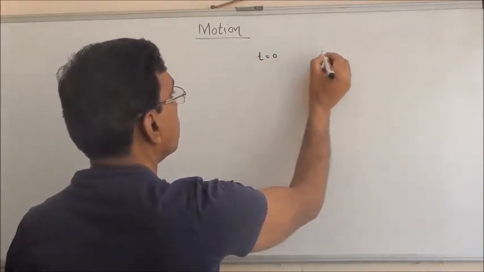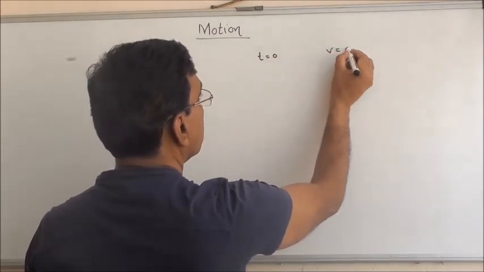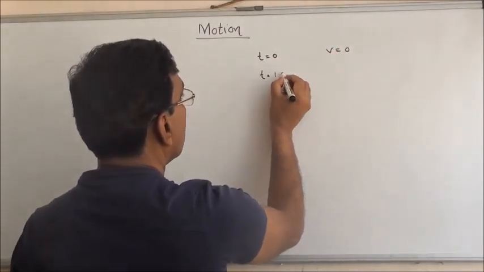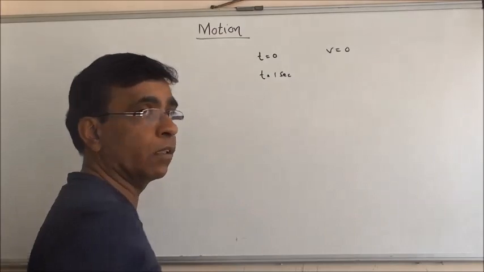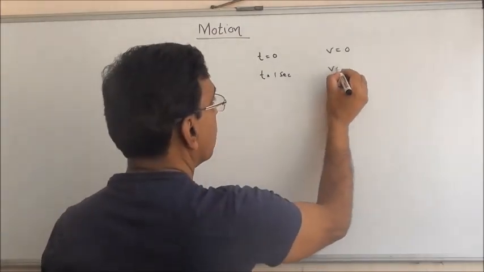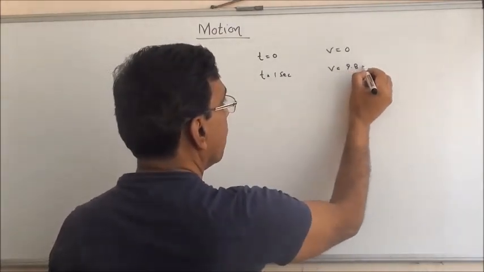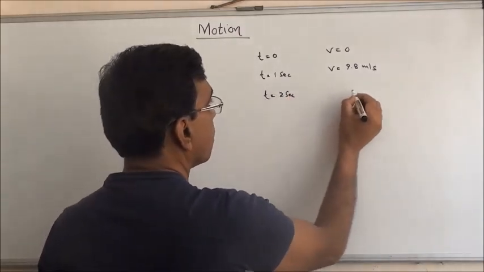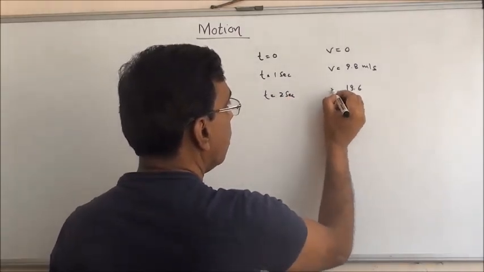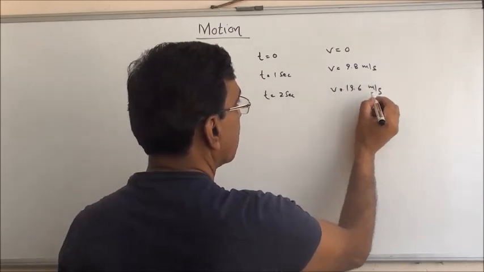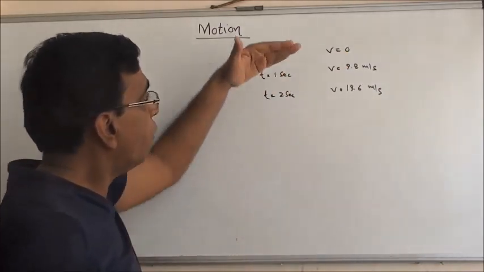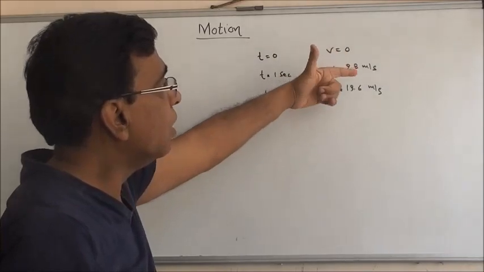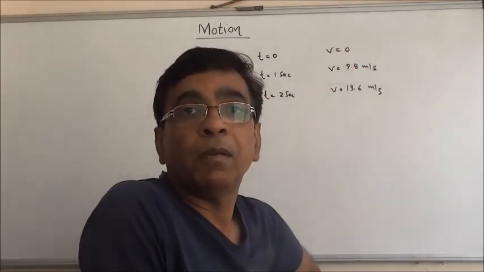At t equal to 0, its speed is 0. After 1 second, its speed becomes 9.8 meter per second. After 2 seconds, it becomes 19.6 meter per second, and so on. For every second, the increase is 9.8 meter per second.